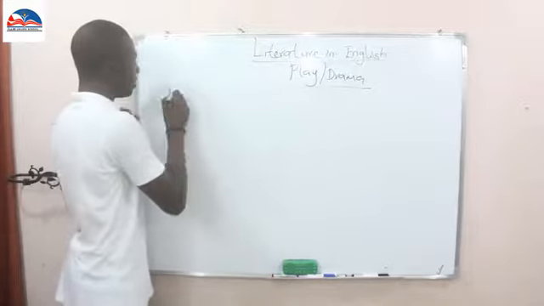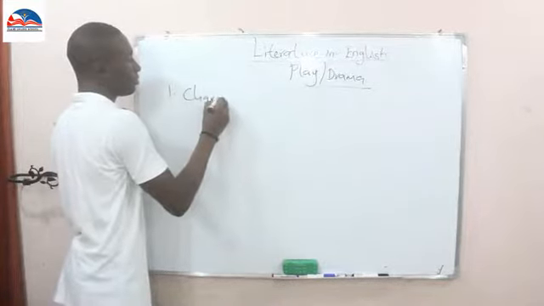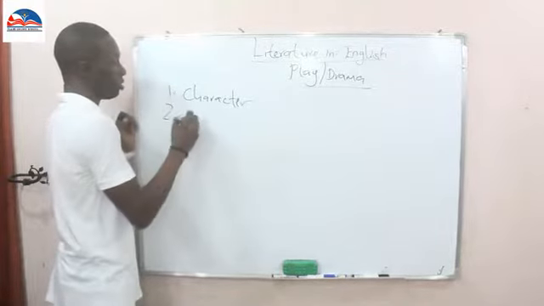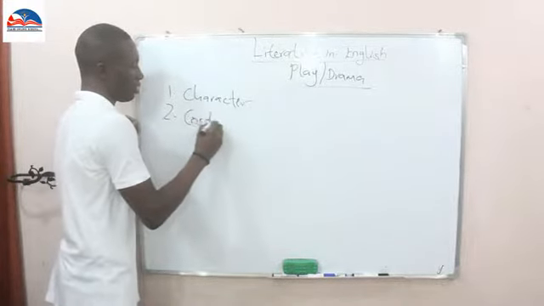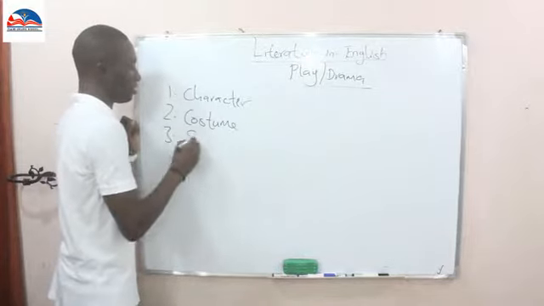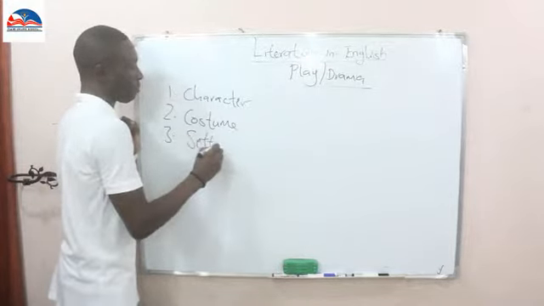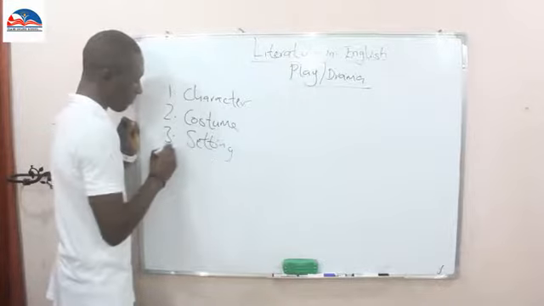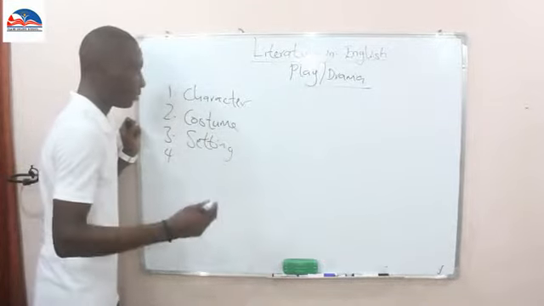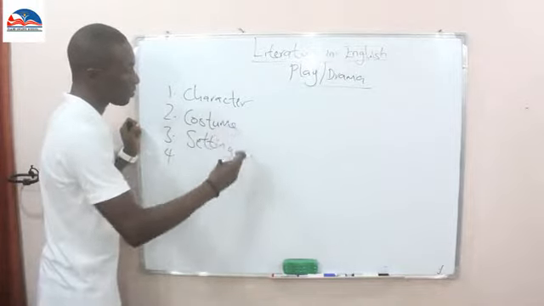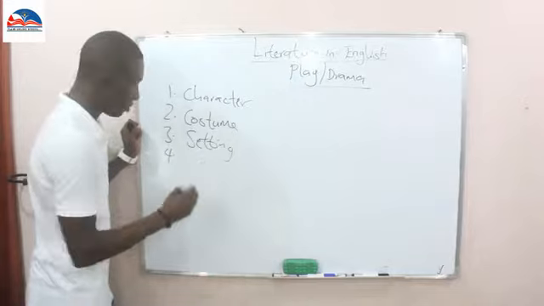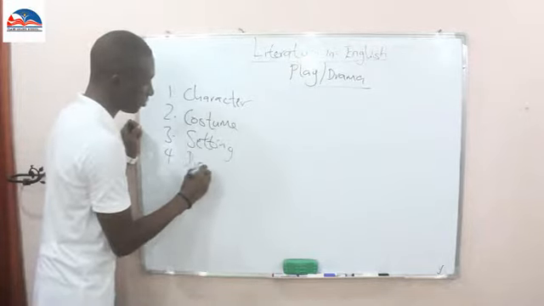Number one is character. Number two, costume. Number three is setting. We've written character, we've written costume, we've written setting. We have what is called dialogue.